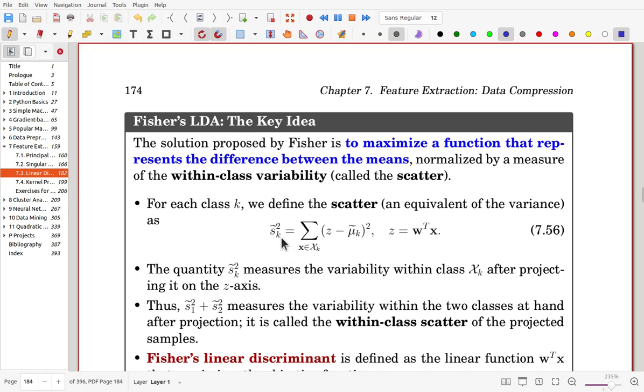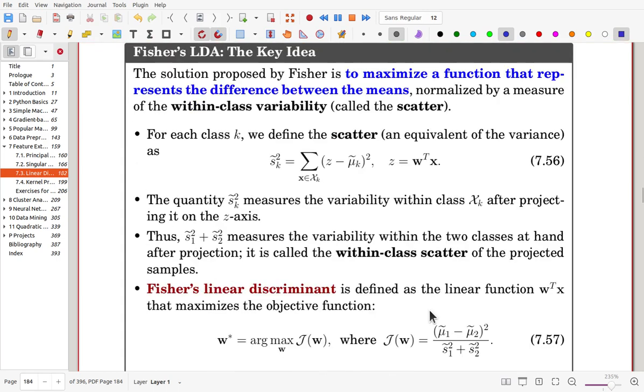For class 1 we compute this, and for class 2 we compute this quantity, and the sum S1 squared plus S2 squared measures the variability within the two classes after projection. So it is called the within class scatter. From each class, the variance is measured and added.